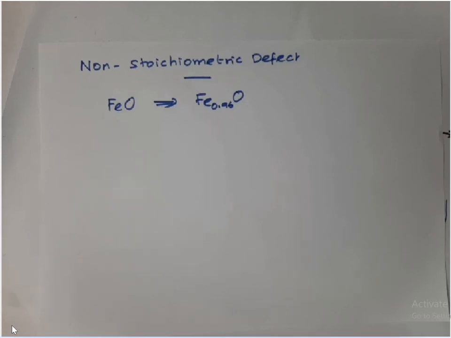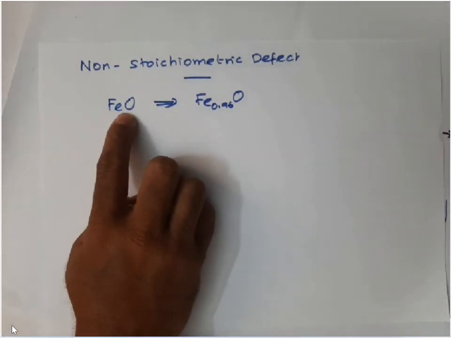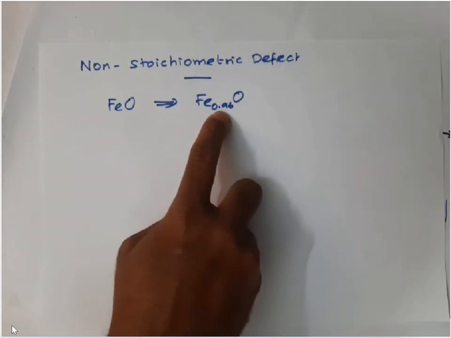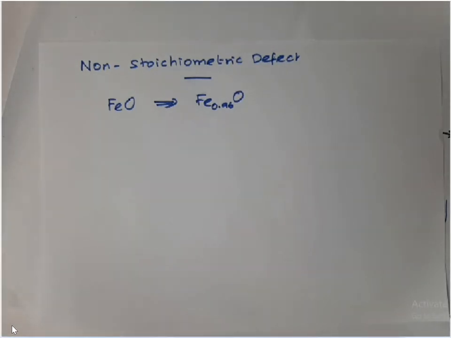See, in ferrous oxide, if you write FeO, that means there is no non-stoichiometric defect. If you write like this, it means some non-stoichiometric defect exists in the crystal. Okay. So, the point is this. In non-stoichiometric defect, due to the defect, the formula of the crystal changes.